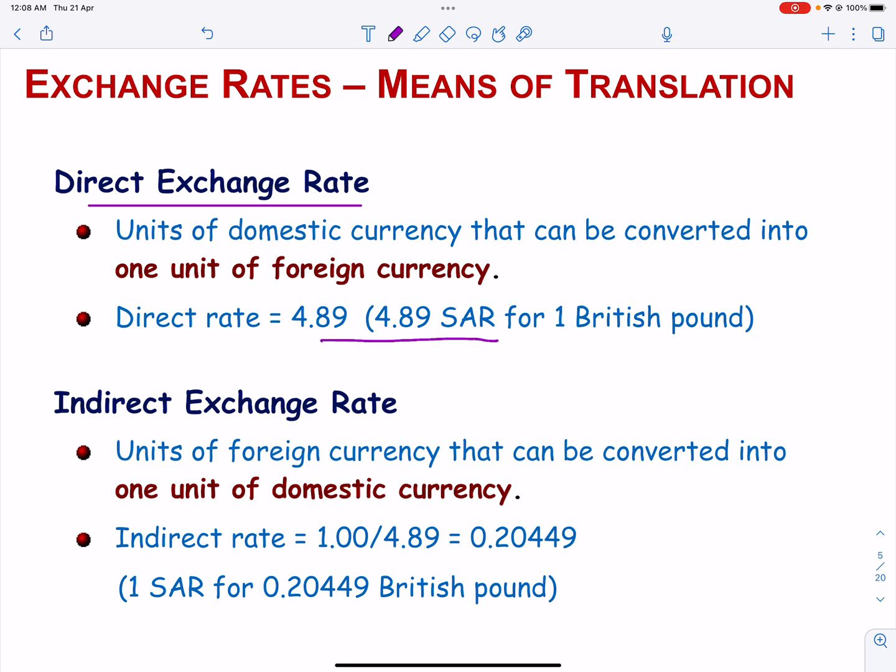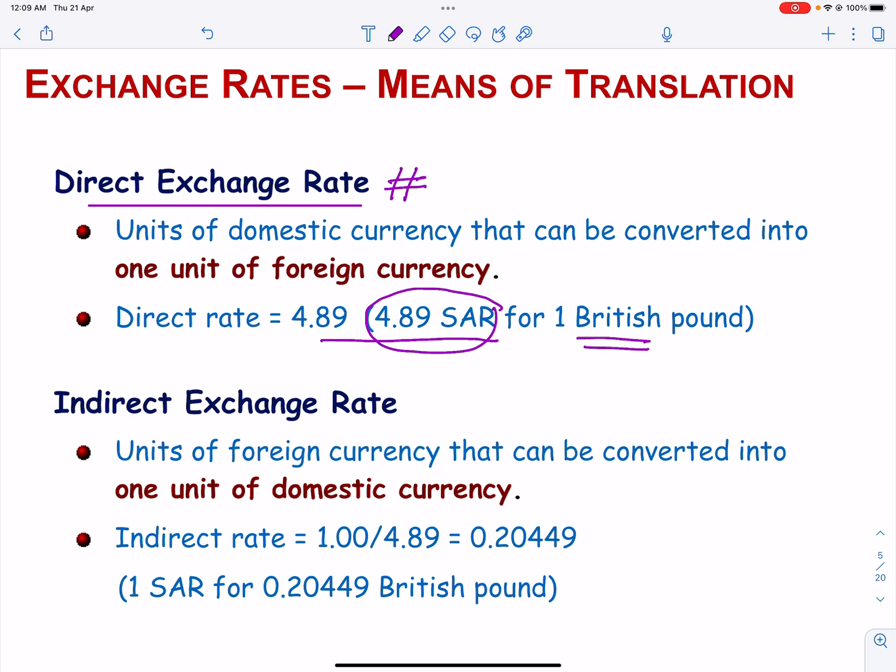How much of your currency to buy 1 unit of another currency is what we mean by direct exchange rate. We need 4.89 Saudi riyals to buy 1 British pound.